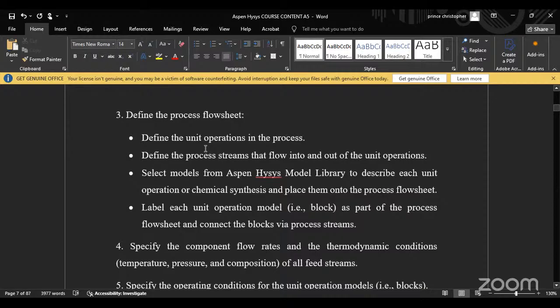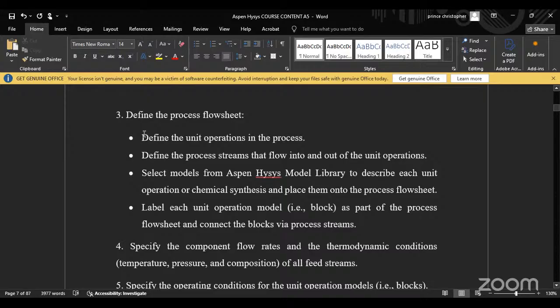A good question I would like you to answer, a quick one: what's the difference between a unit operation and a unit process? What's the difference between the operation and the process?